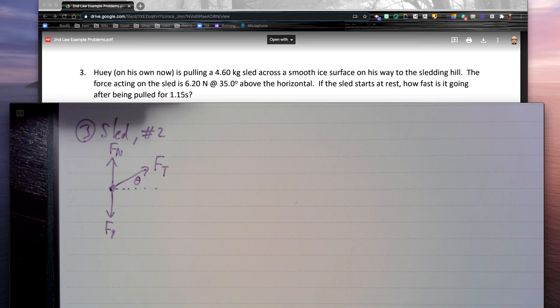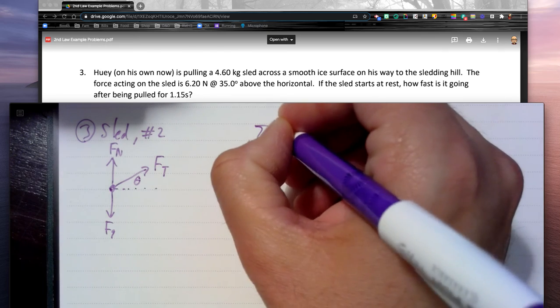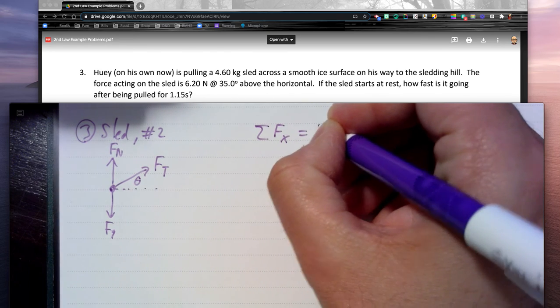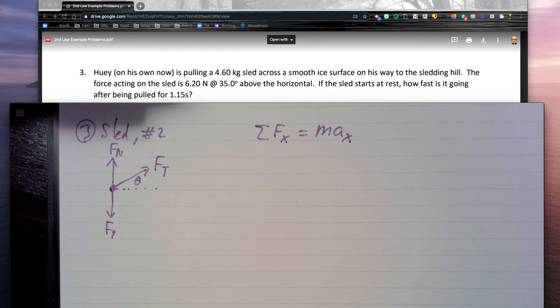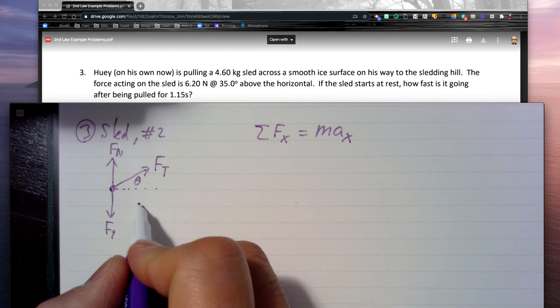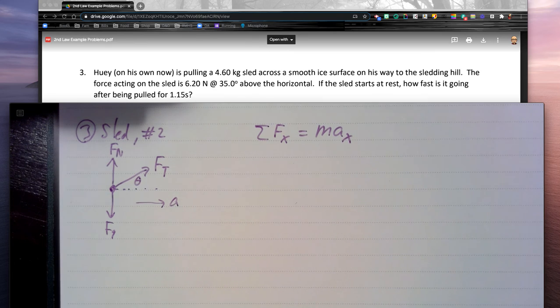The question is, if the sled starts at rest, how fast is it going after being pulled for that many seconds? The idea behind this one is we're going to apply Newton's second law first. Because I did draw a free body diagram, I'm going to focus on the x direction because I know that the sled's going to be accelerating in this direction.